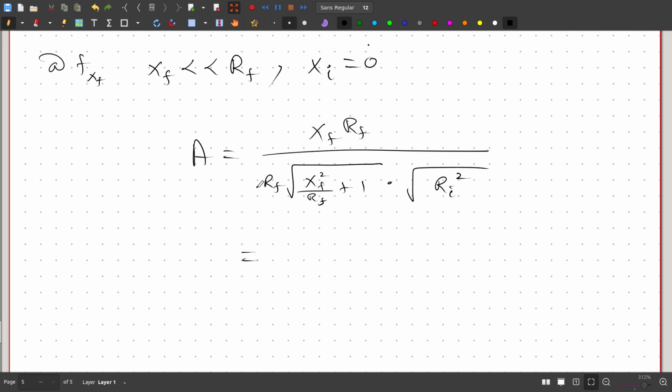So this RF and RF go out, so we are left with XF divided by root of XF square divided by RF square plus 1, into Ri.